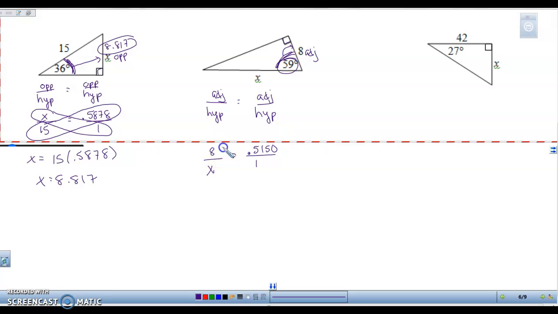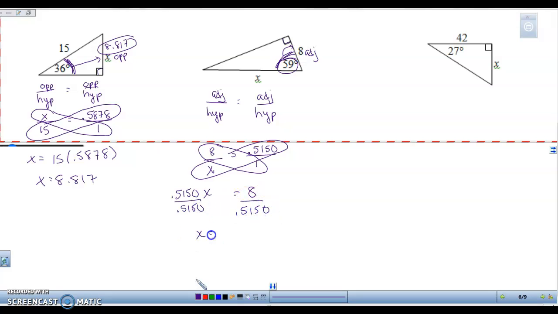All right, cross multiply and solve. 8 times 1 is 8, and then x times 0.5150 is 0.5150x. Solve for x. Divide by 0.5150.